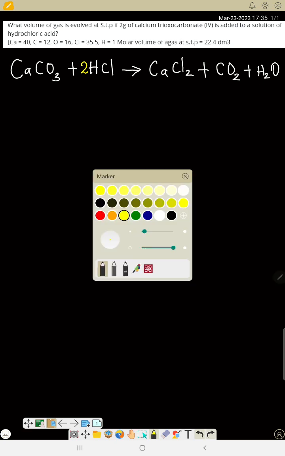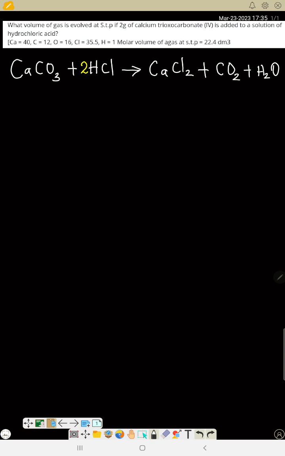Now we have done the first part. What volume of gas is evolved at STP if 2 gram of calcium carbonate is added to this? What we have in the question is 2 gram of calcium carbonate over 1, and I'm going from here to the volume of CO2.